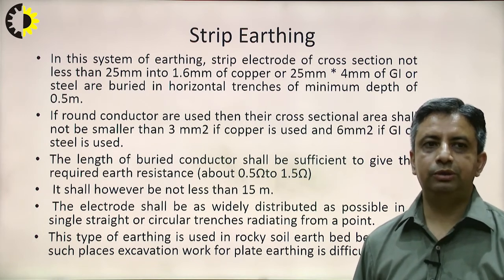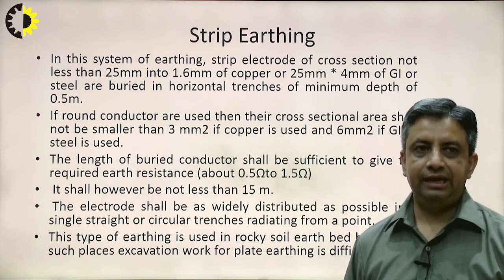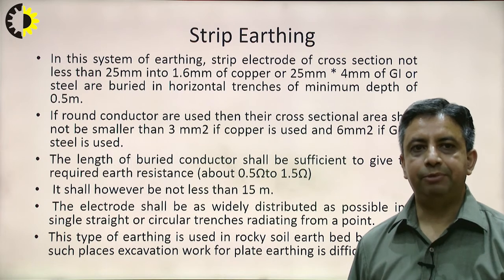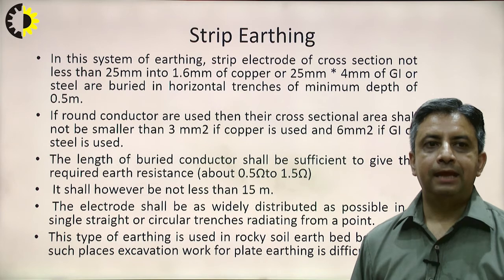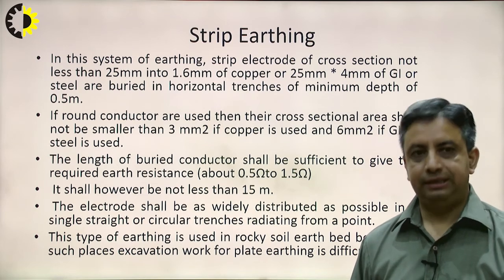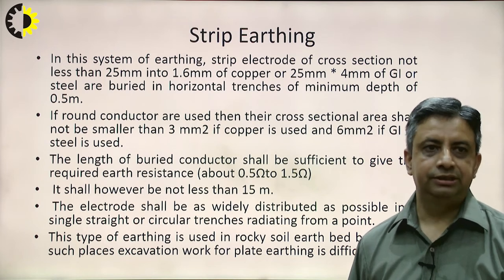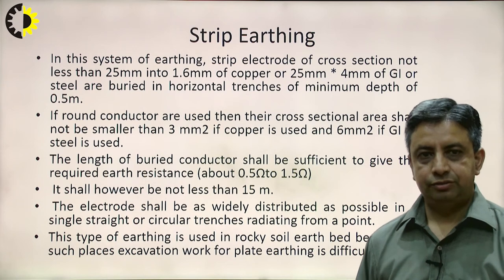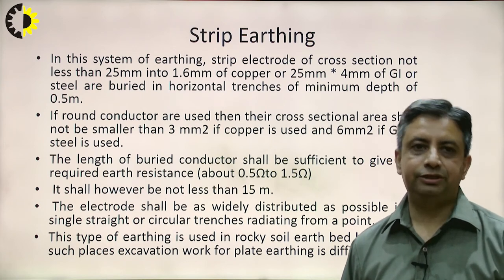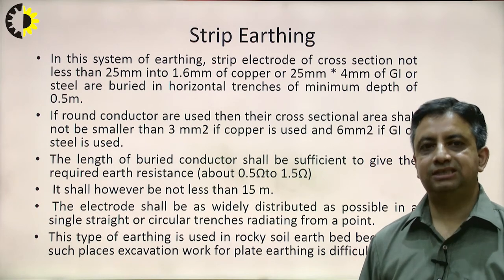As I told you, that mesh of wire is used for this type of wiring. That's why it is called strip earthing, and that strip takes the shape of any particular trench. This type of earthing is used in rocky soil. As I told you, in rocky condition the value of resistance is very high.